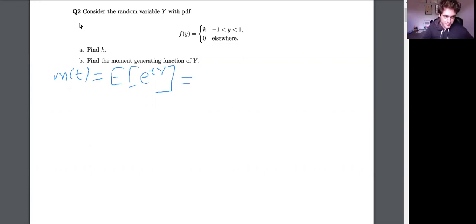To compute this expectation, we don't do anything fancy with the PDF, we just have to integrate e to the ty against the PDF. So we'll get an integral from -1 to 1 of e to the power of t y, and then our PDF, we found k to be a half before, so our PDF is just a half over the interval -1 to 1, dy.